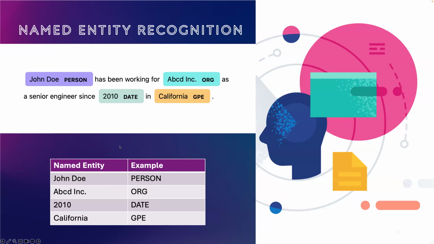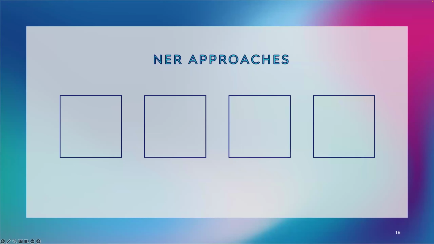Then what we would like to have is this kind of a table, where it doesn't necessarily have to be a table, it can be a dictionary, it can be anything else, but it's visually really easily understandable. And what we would like to have is that John is labeled as a person, ABCD Incorporated is labeled as an organization, 2010 is labeled as a date, and California is labeled as a geopolitical entity.